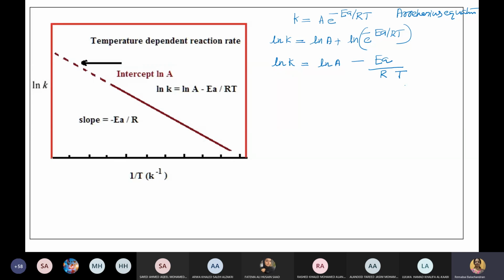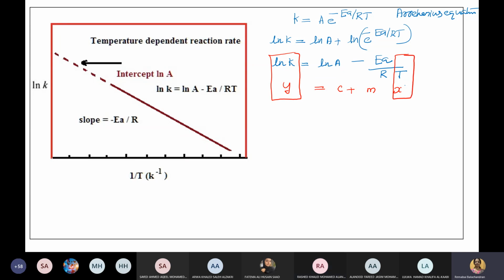This is like the equation of a straight line. You know the equation of a straight line. What is it? y is equal to mx plus c. So see here, c is the constant, m is the slope. So what is there on the y-axis? ln k.